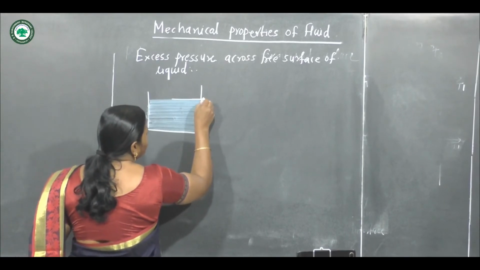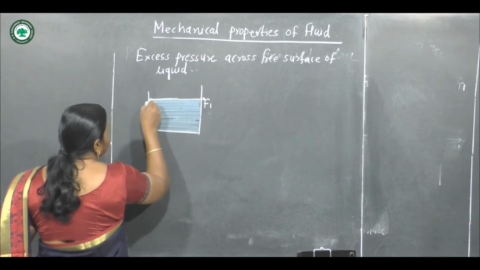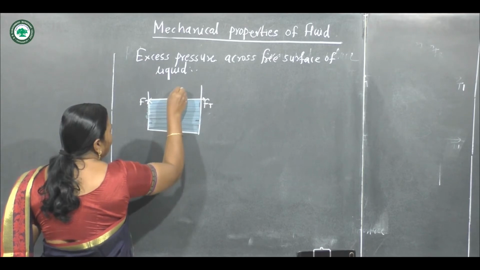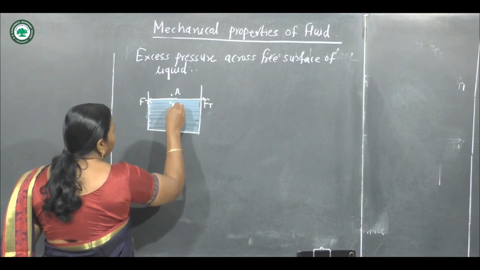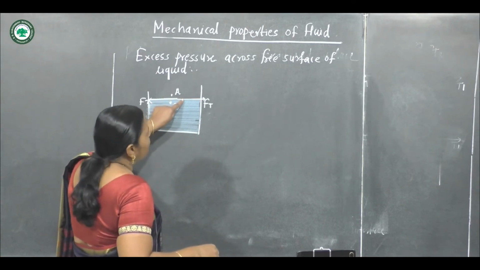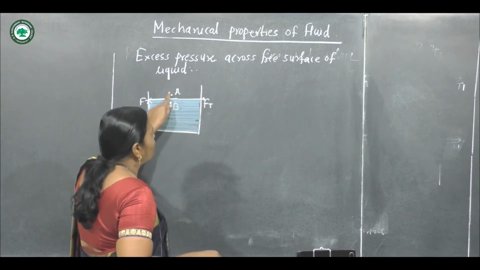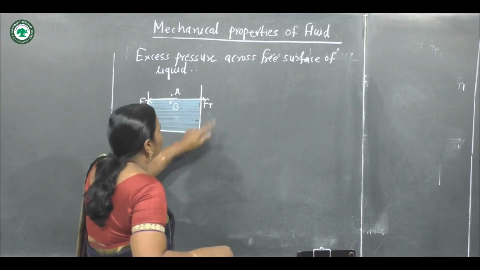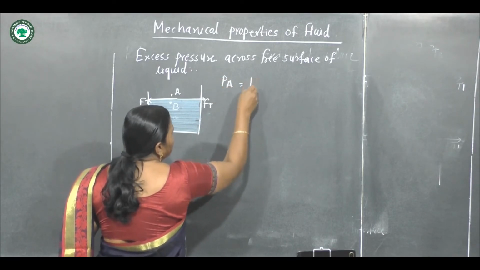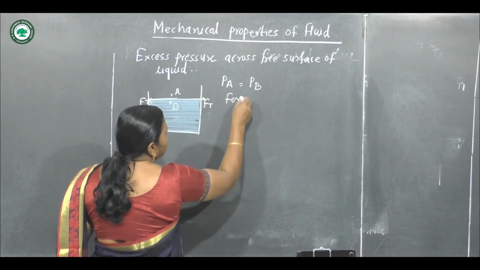This is the force of surface tension Ft, and this is again the force of surface tension Ft. Now we consider point A here, and this is point B. In this case, this is a plane surface. These two forces are equal and opposite. There is no pressure difference. Thus we can say that pressure at point A is equal to pressure at point B for a plane surface.